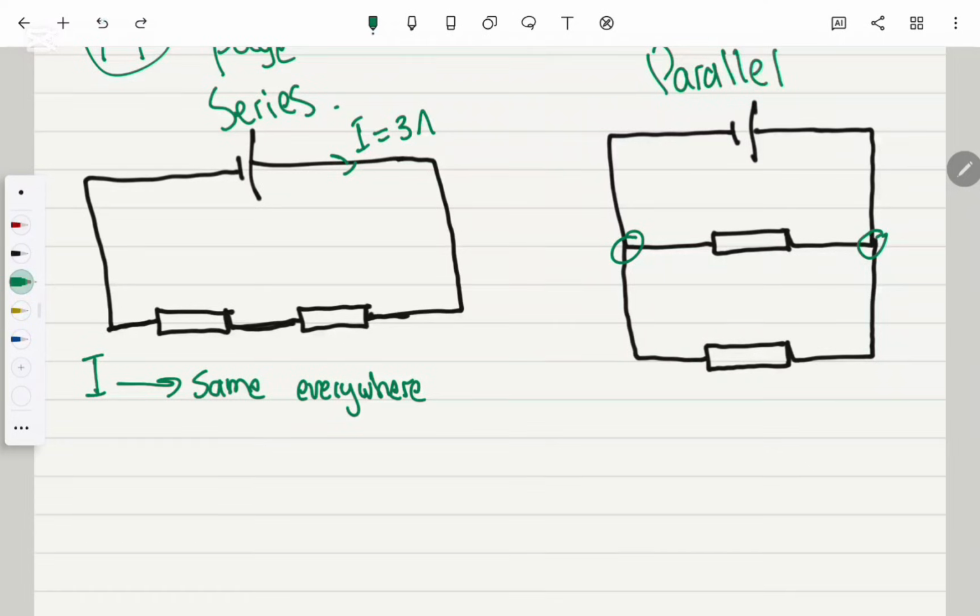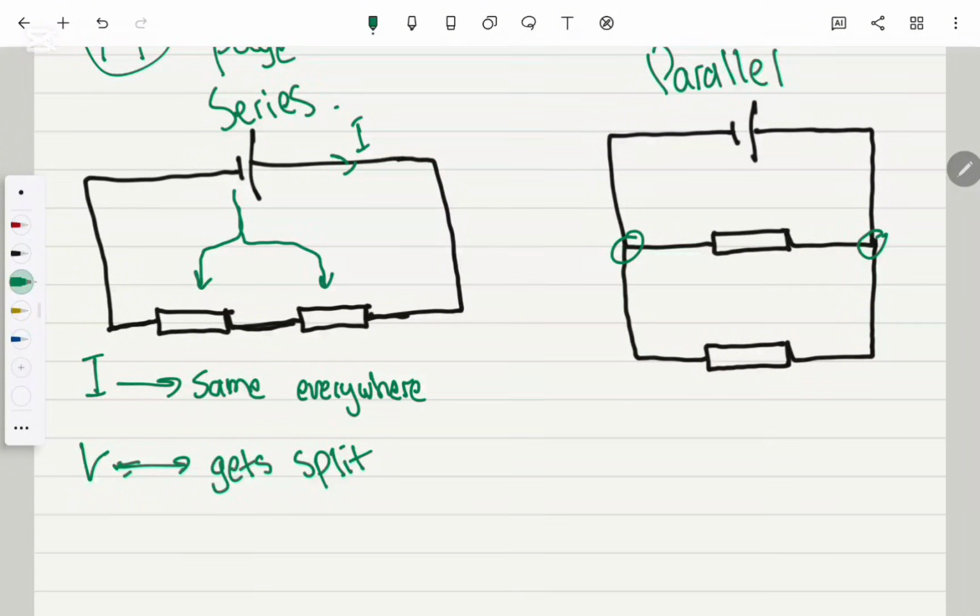And that's something you should keep an eye on. Now, the second thing you need to understand is that in series circuits, the voltage gets split. When I say it gets split, whatever the source gives you has to be divided between the components. Let's assume that the source was 6 volts.